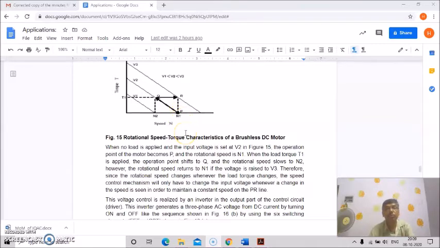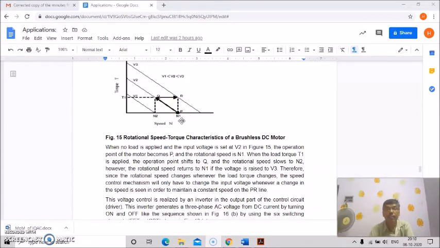When load torque T1 is applied, the operation point shifts from P to Q, and the rotational speed slows to N2. However, the rotational speed returns to N1 if the voltage is raised to V3. That is the point where the rotational speed returns to N1.